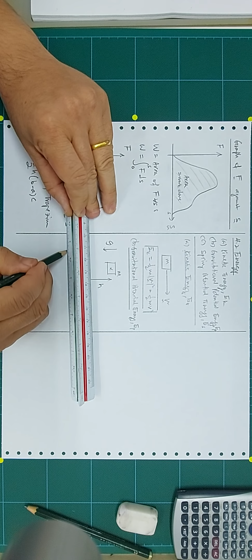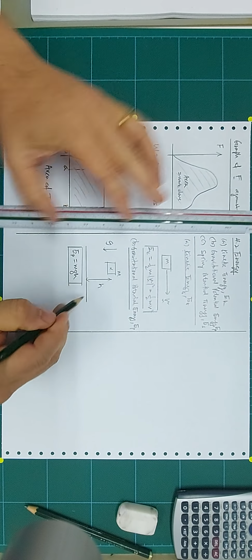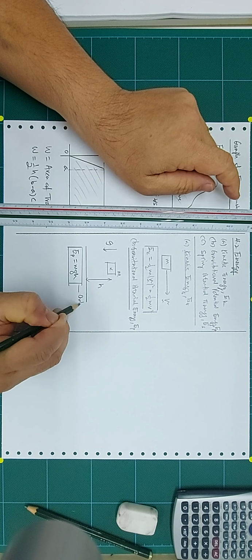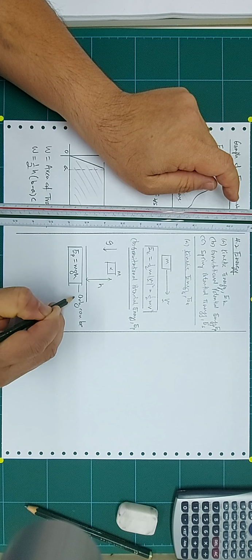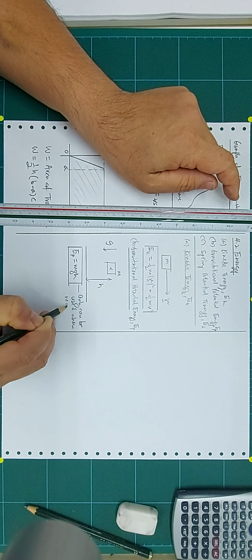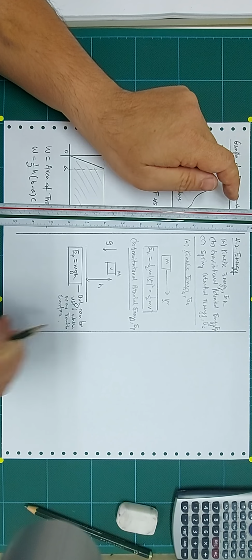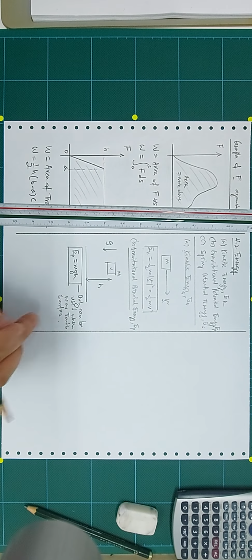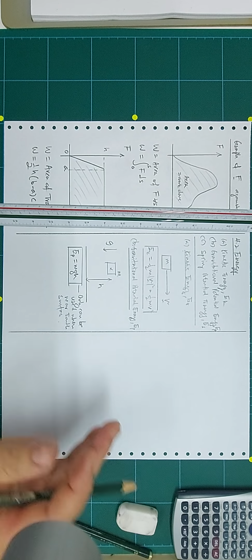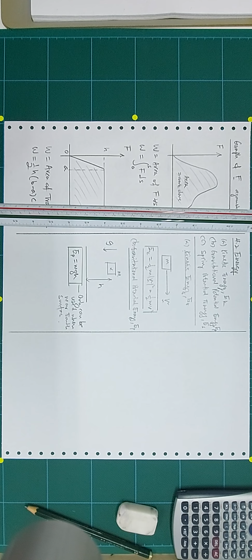But you can only use this formula when the object is near us. Only can be used when near the surface. Because why? The reason is when you go further and further from the surface of the earth, our g value started to change. So then you have to use some other formula.